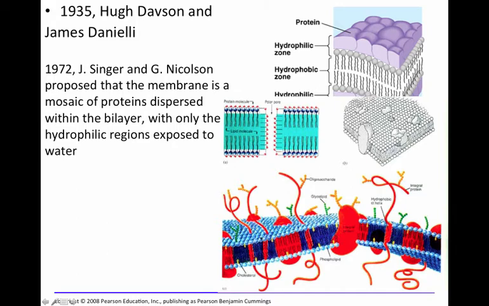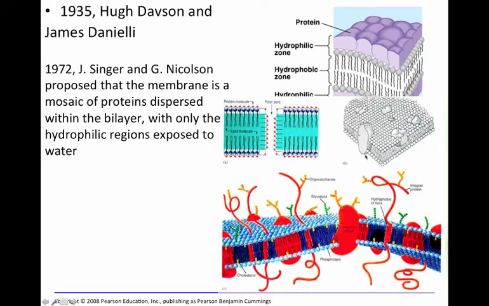They were proposing that the membrane proteins were dispersed throughout the entire phospholipid bilayer. As you see here, all the proteins are throughout this lipid bilayer. Some of them are peripheral in their attachment.